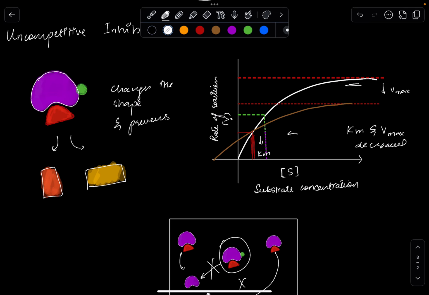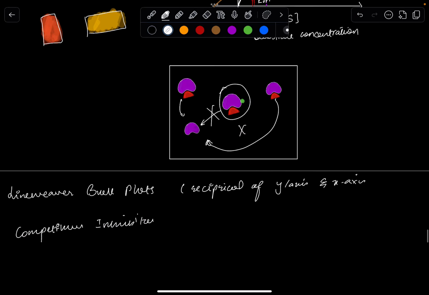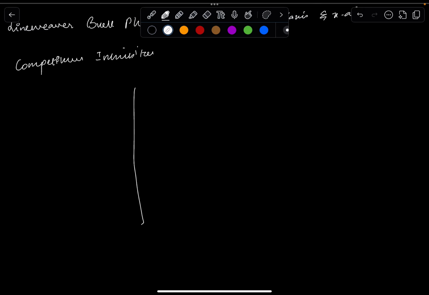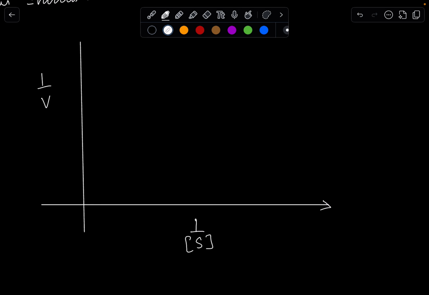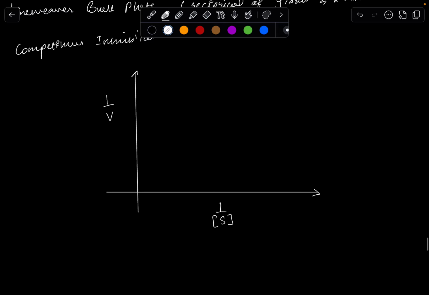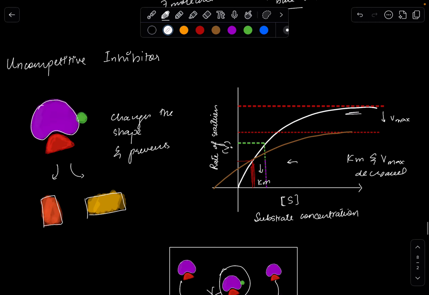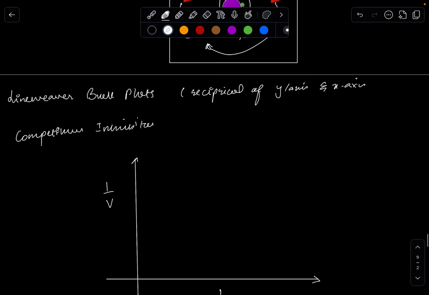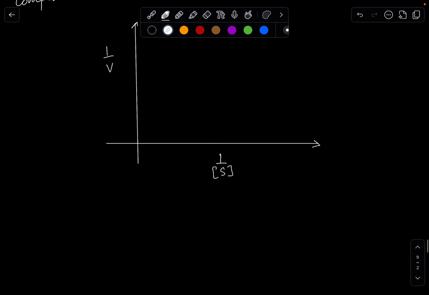So the reciprocal of the rate of reaction and the reciprocal of the substrate concentration. So my x and y-axes are the inverse of the substrate concentration and the inverse of the rate of reaction, which I'm writing as V. This changes the graph from something non-linear that goes straight, then plateaus, to a completely linear line.